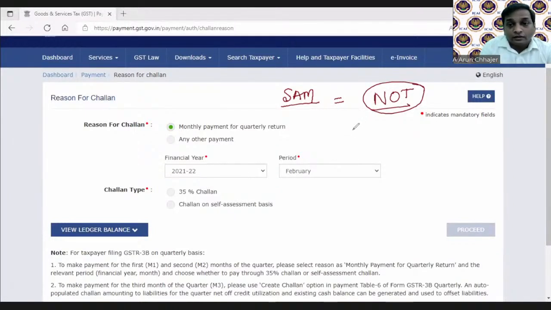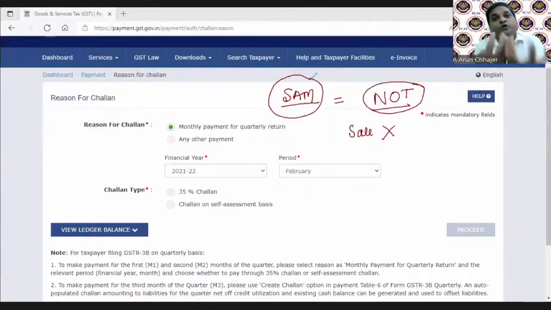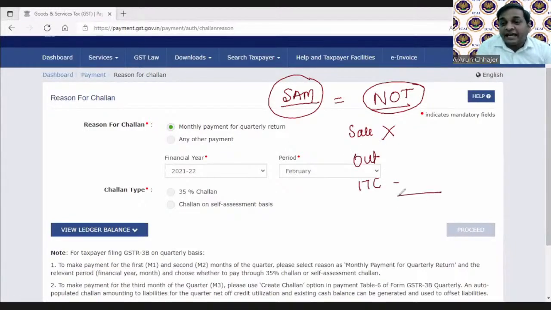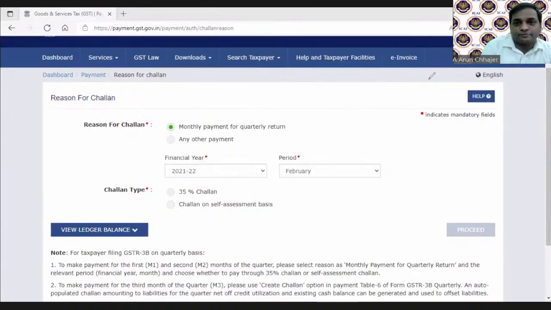In the self-assessment method, I need to assess the total outward supply, the total ITC, and the balance, if any, I need to pay for month 1 and month 2. Please note, in the self-assessment method there would be no fixed amount because you need to calculate manually. That is the self-assessment method.